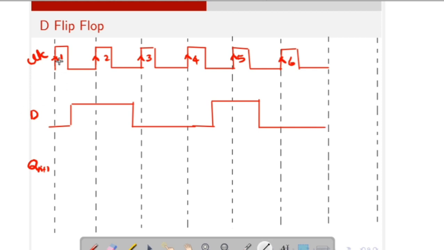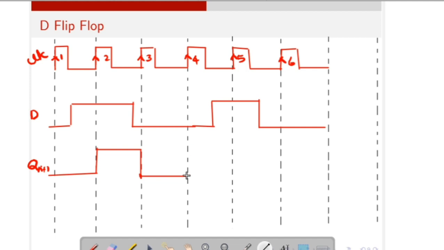For the first clock pulse, D is equal to 0, that means Qn plus 1 is also 0. During the second clock pulse, D is equal to 1, so Q is also 1. For the third clock pulse, D is equal to 0, so Q is also 0.